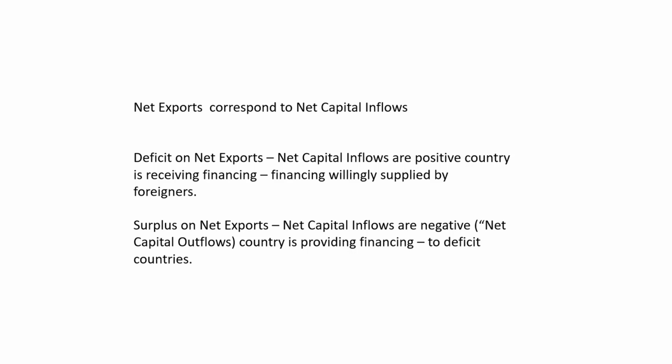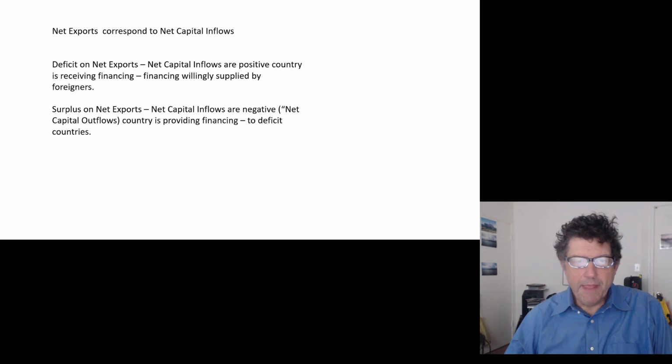The other thing is, we want to talk about this idea about the correspondence between net exports and net capital flows. The idea is that, let's say we have a deficit on net exports. We are importing more than we export. That means we have what Mankiw calls, using the traditional language, net capital inflows.